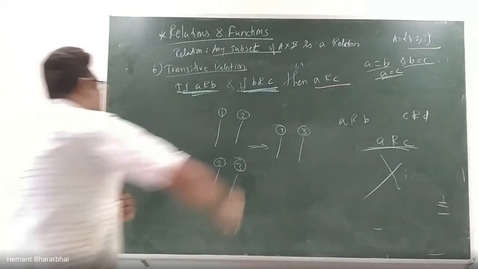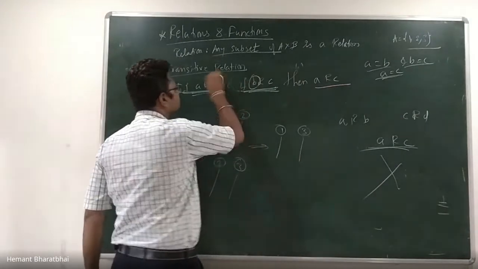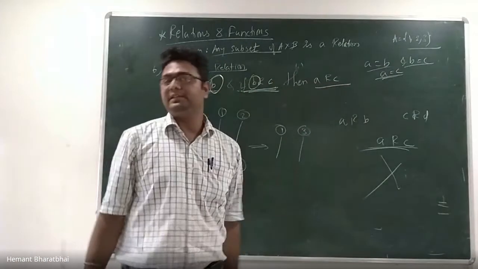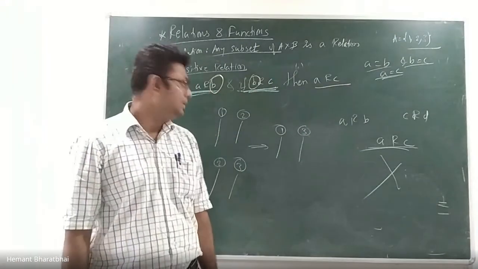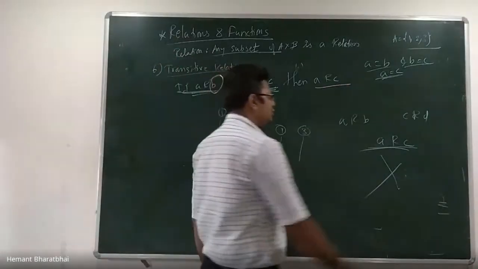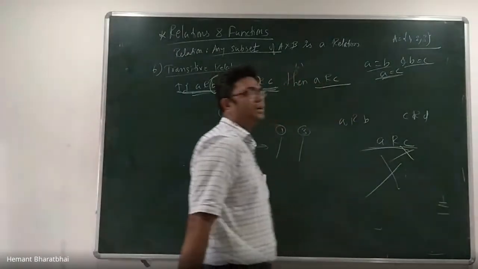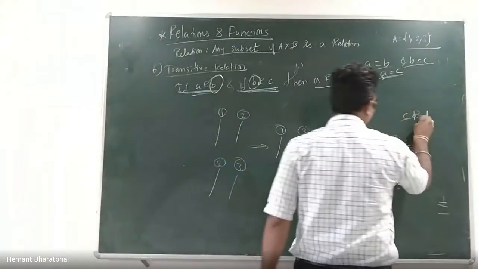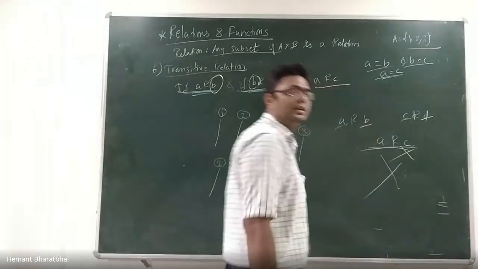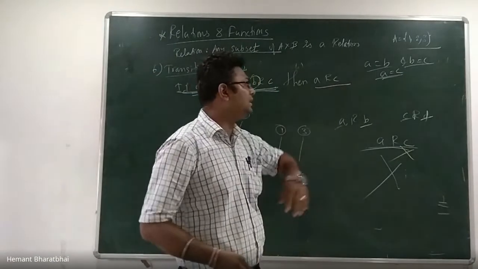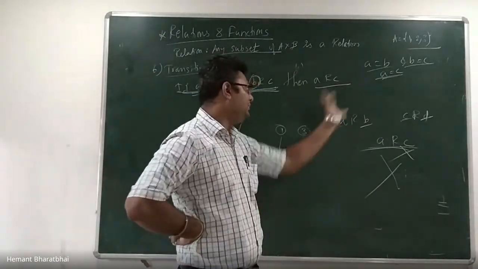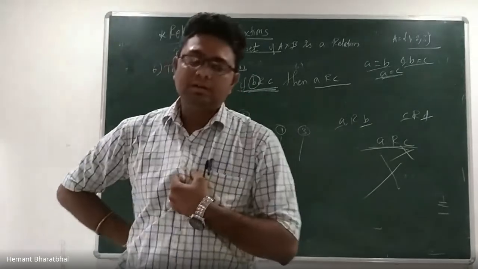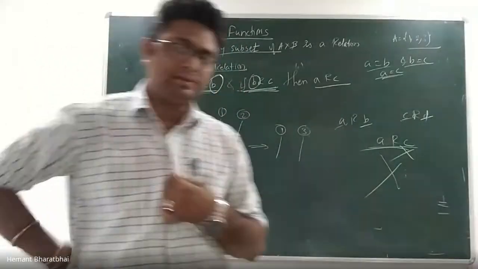And who is that common link? Then only I talk about A and C. In this case, I should not even talk about A and C because there is no common link. Here, C and D are different, A and D are different. There is no link between B and C, A and C, B and D, or A and D. Then we should not talk about the transitive relation. Got it?